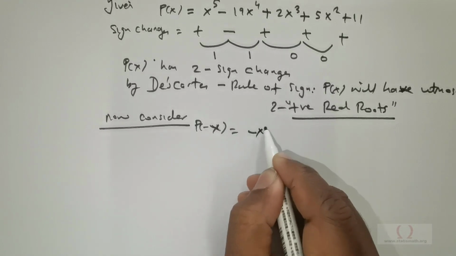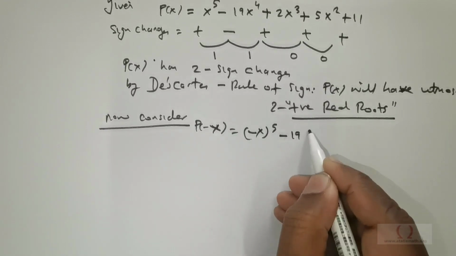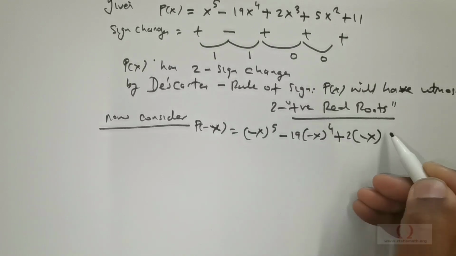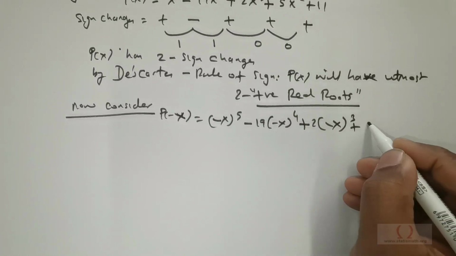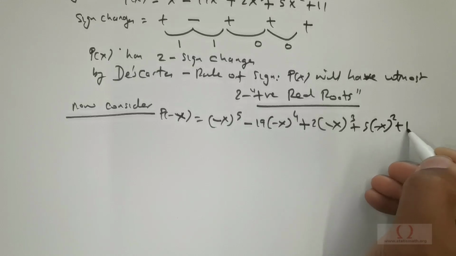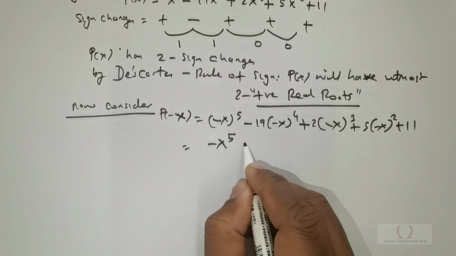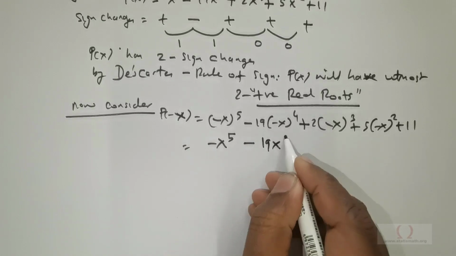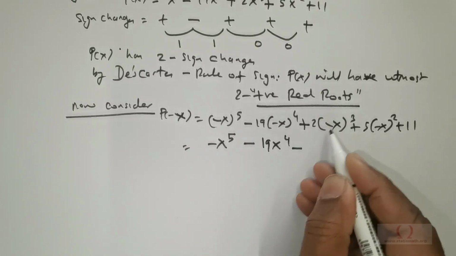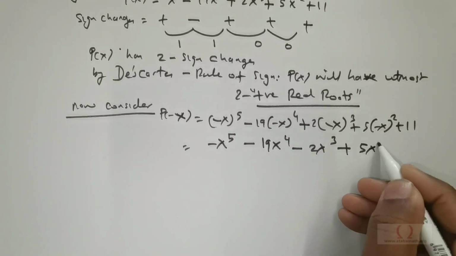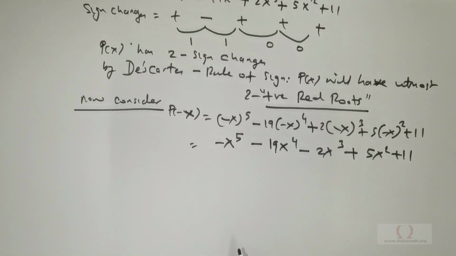So this is going to be negative x raised to the power 5, minus 19 negative x raised to the power 4, plus 2 negative x raised to the power 3, plus 5 negative x raised to the power 2, plus 11. This will give you negative x raised to the power 5, minus 19 x raised to the power 4, minus 2 times x raised to the power 3, plus 5 times x squared, plus 11.